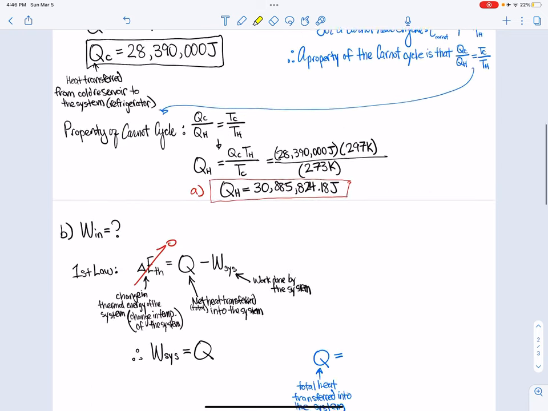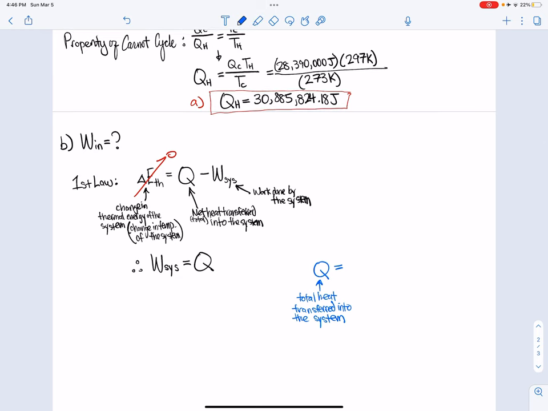So Q equals QC minus QH. And this is, again, based on the energy transfer diagram.